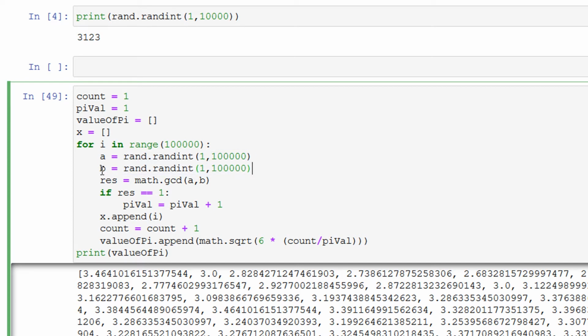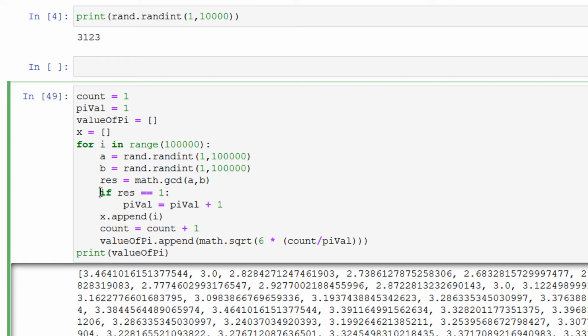We will calculate whether a and b are co-prime or not. This part is the math function GCD, which will return 1 if a and b are co-prime, and it will return any other number if the GCD is not 1, that is, they have common factors.